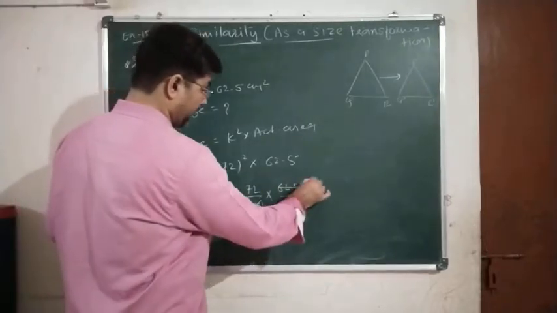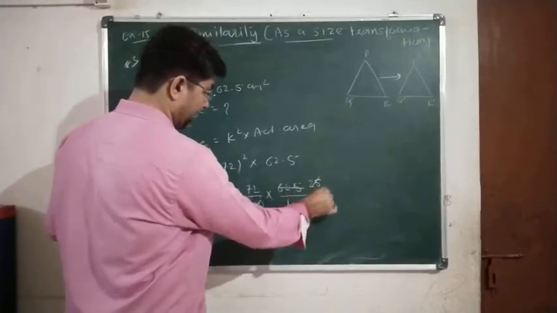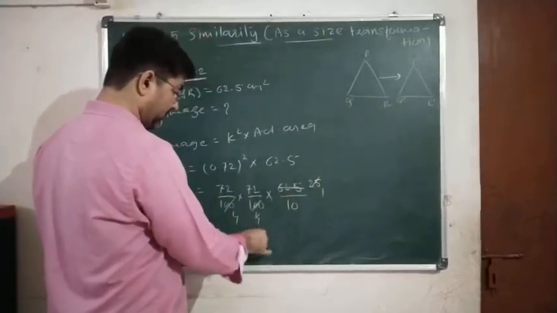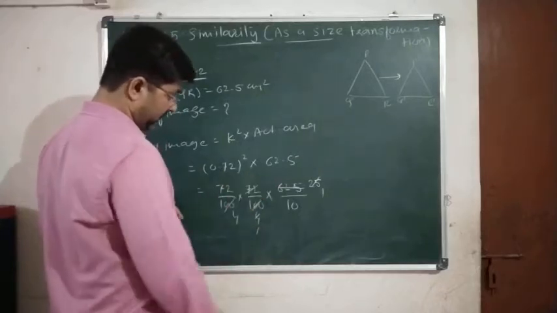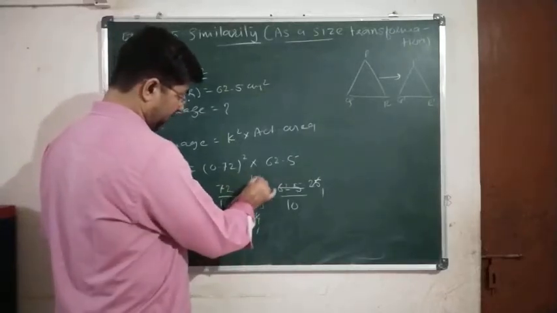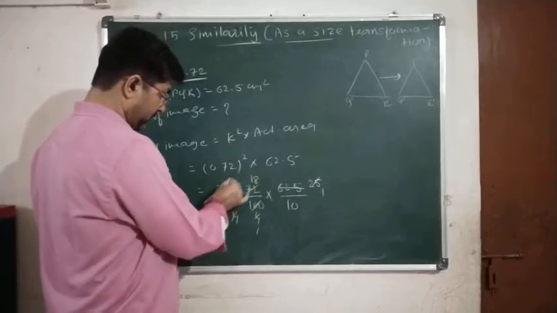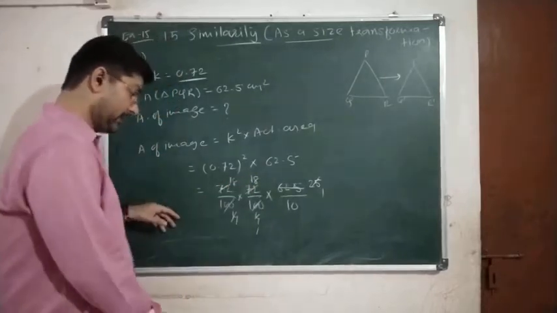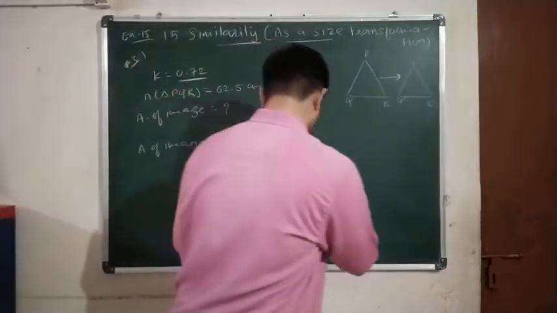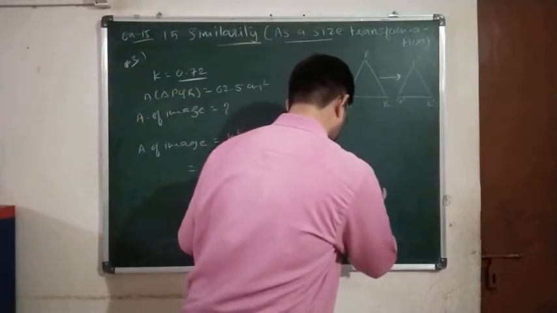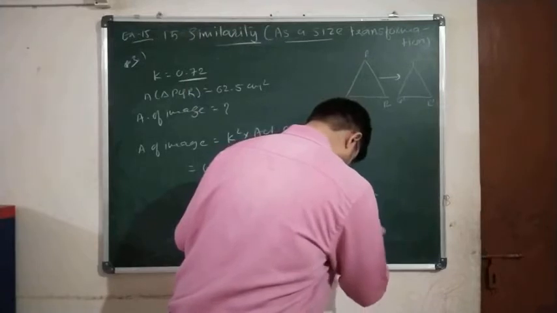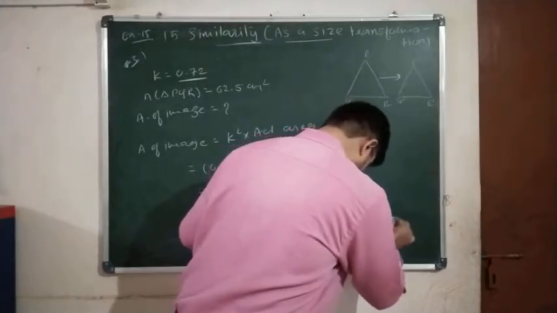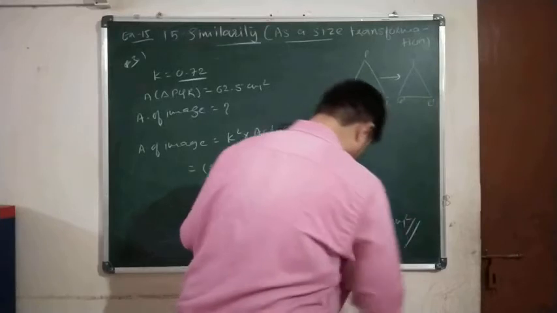25 4s are 25... so 18 18s are 324 by 10, which is equal to 32.4 square centimeter.